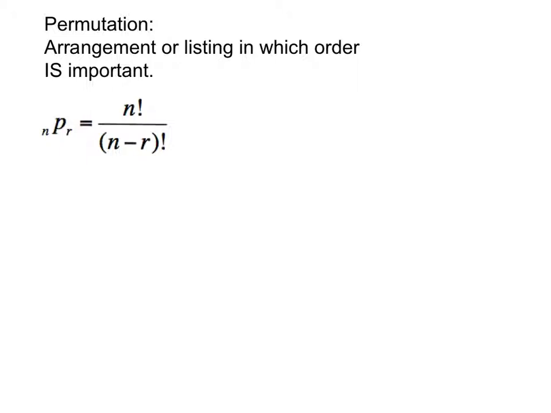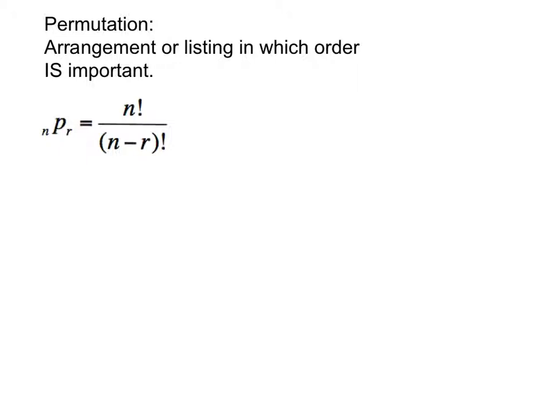Now there's this formula here that we can use. It's a nice formula, it's helpful, but really you don't need it for permutation. The main reason we like the formula for permutation is it makes the formula for combination a little bit clearer as to why it works the way that it does. But let's just do a quick explanation of what this formula is saying here.